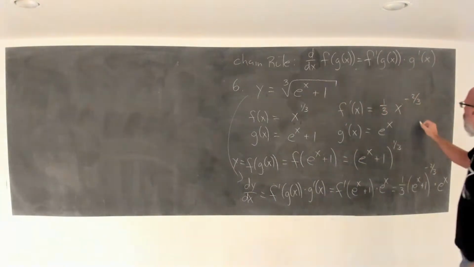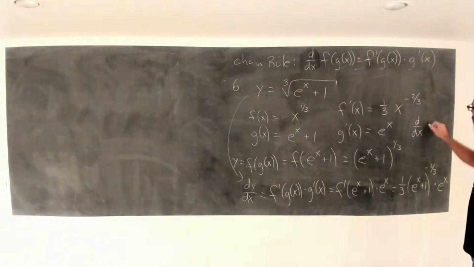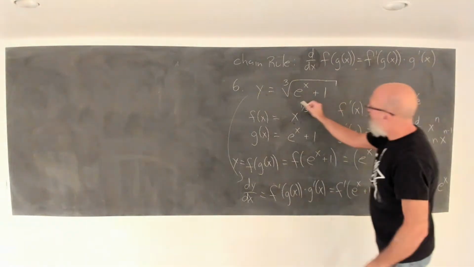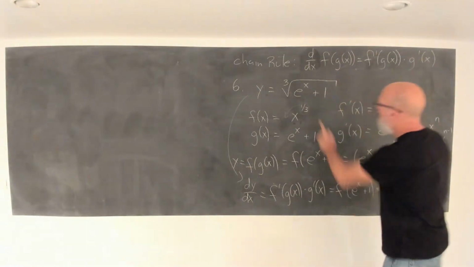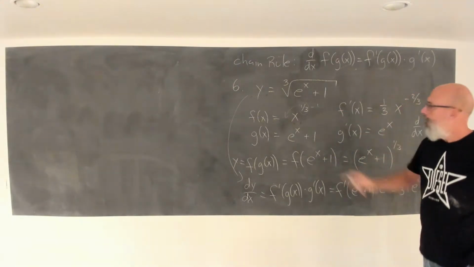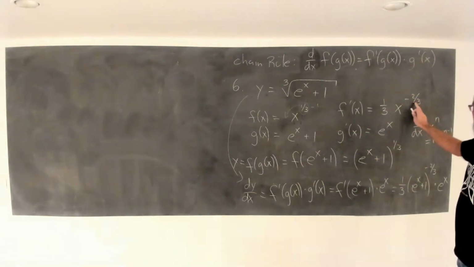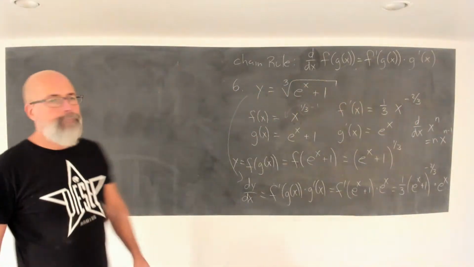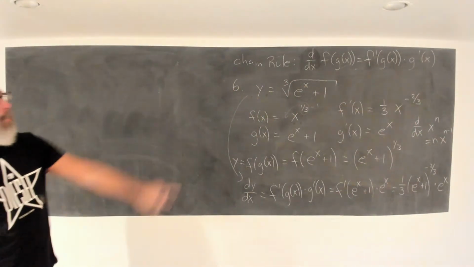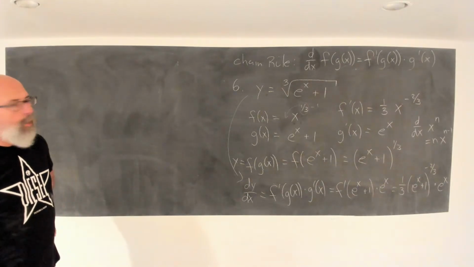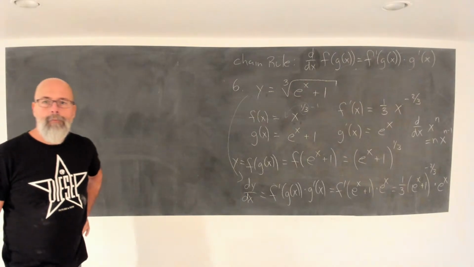The derivative of x to the n is n x to the n minus 1. So you bring the power down, and then you subtract 1 from the power. 1/3 minus 1 is minus 2/3. Remember our formula, our power rule, if you will.